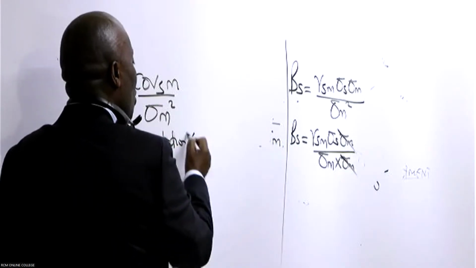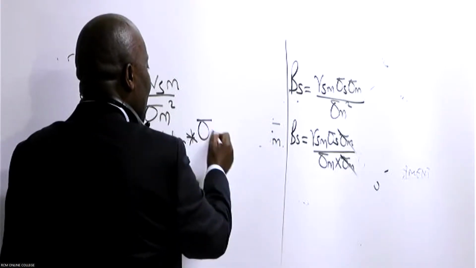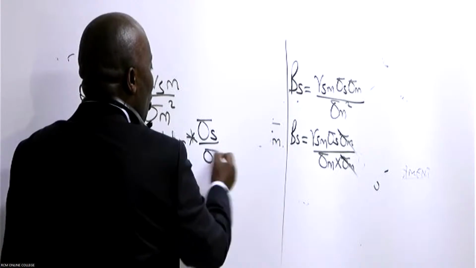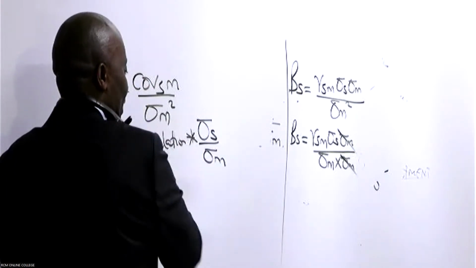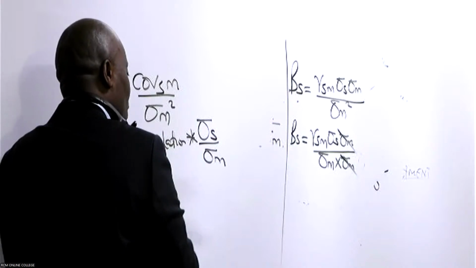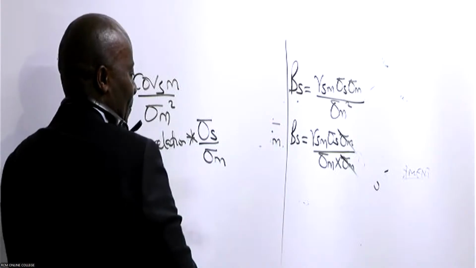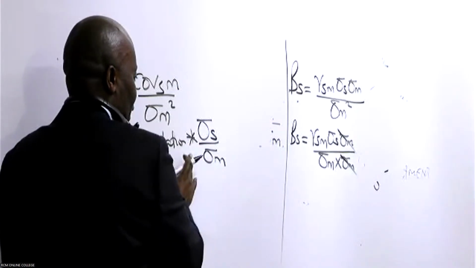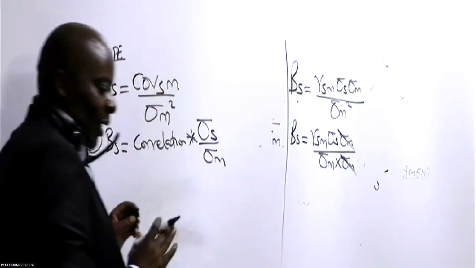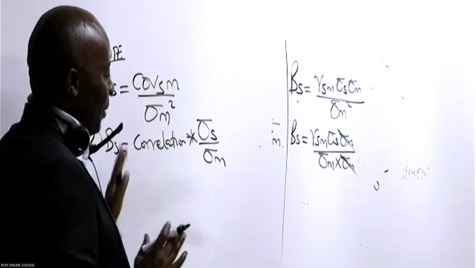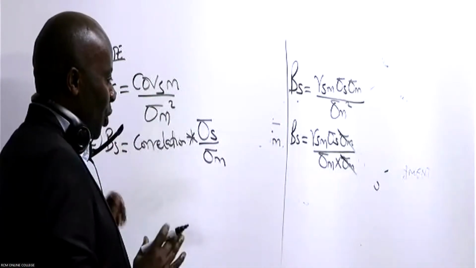You take the correlation given, and multiply it by the standard deviation of the security all over the standard deviation of the market. This is how students like it. The moment you master this, you'll always be correct in these questions.